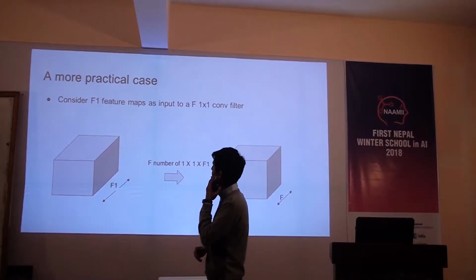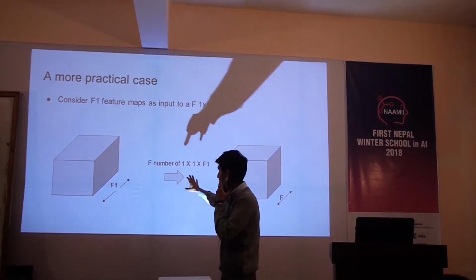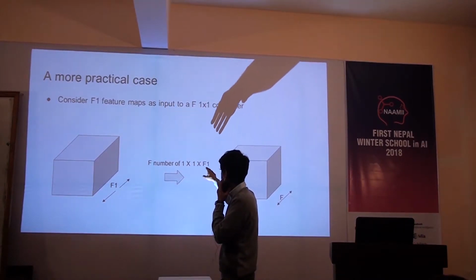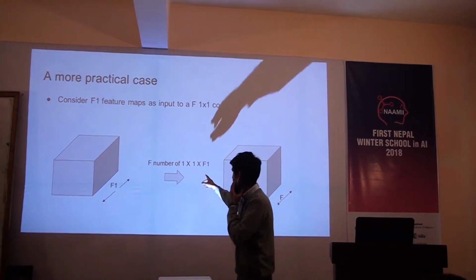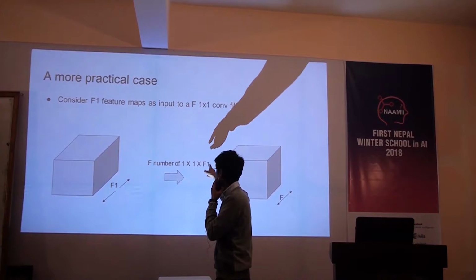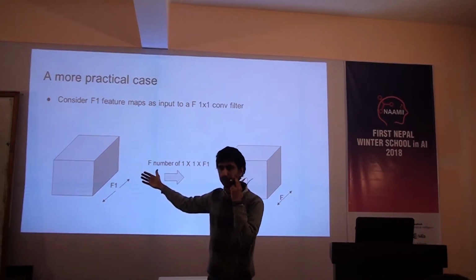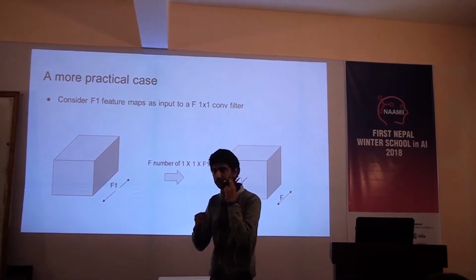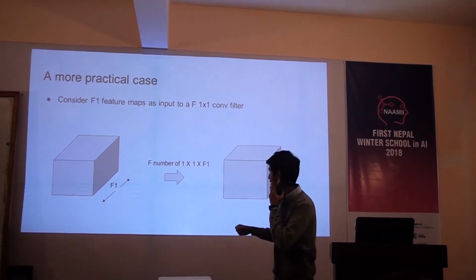So what does a one-by-one convolution do? Let's say you apply one-by-one convolutions now with F number of filters for the input of size 1 by 1 by F1. So for each point you have F1 numbers, so it's like a vector. Each point is an F1 vector.